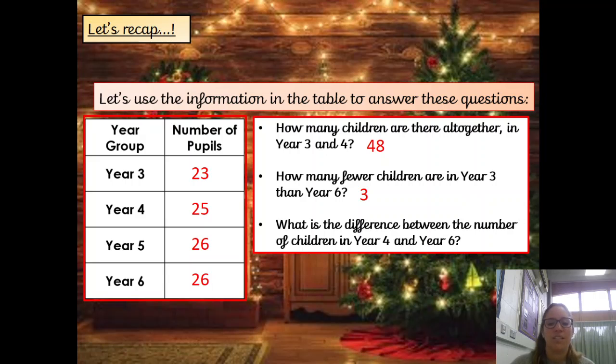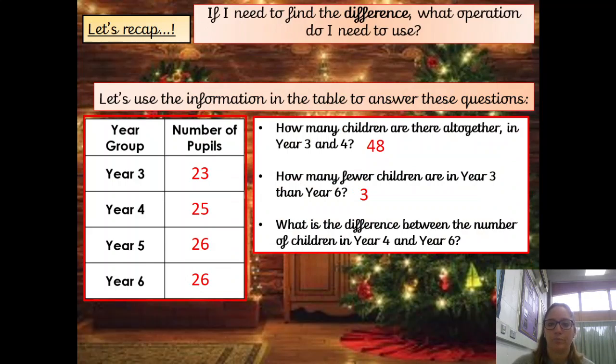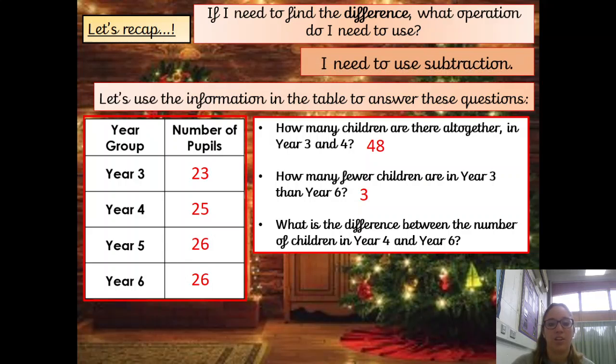And then what is the difference between the number of children in Year 4 and Year 6? If I need to find the difference, what operation do I need to use here? Okay, you need to use subtraction. So you need to subtract 25 from 26, which hopefully you'll know straight away is 1.